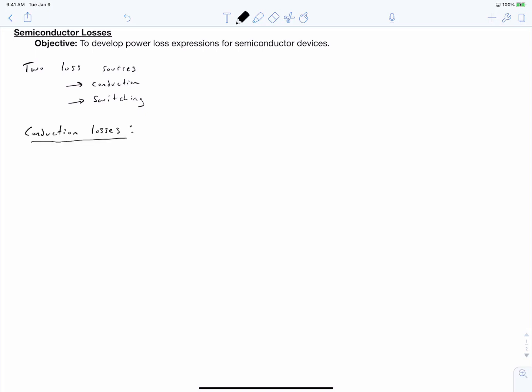These occur when the device is in the on state. For the diode, we can calculate conduction losses based on the equivalent circuit of our diode when it's conducting, which is a voltage source with the diode's forward voltage drop, and a current flowing through it, ID.